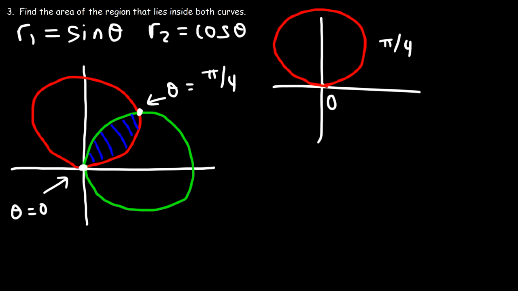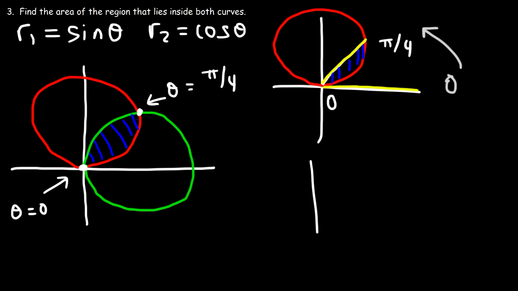What we need to do is draw a line from the origin to pi over 4, and it's going to give us the shaded region. At 0, we have a line that extends this way, and at pi over 4, it's this portion. So we're integrating from 0 to pi over 4 to get this area.